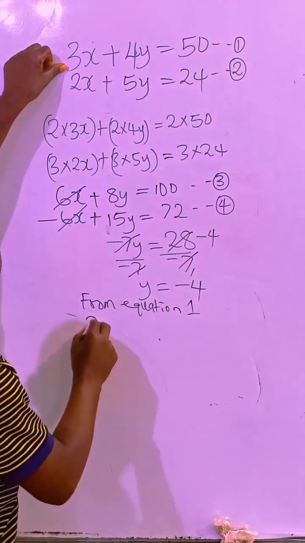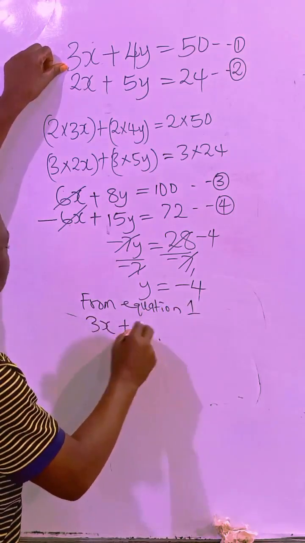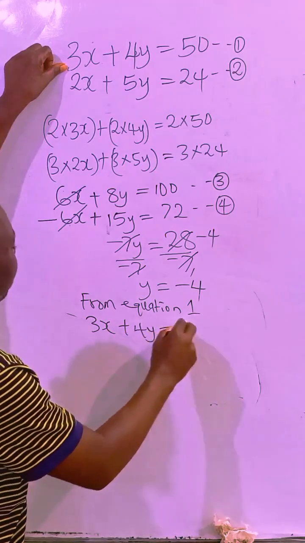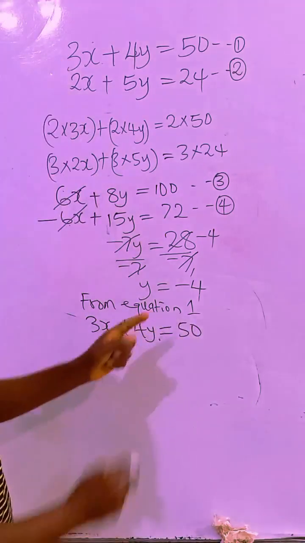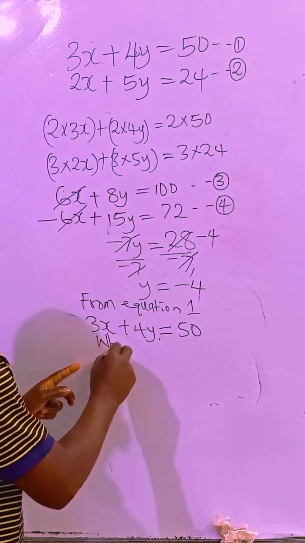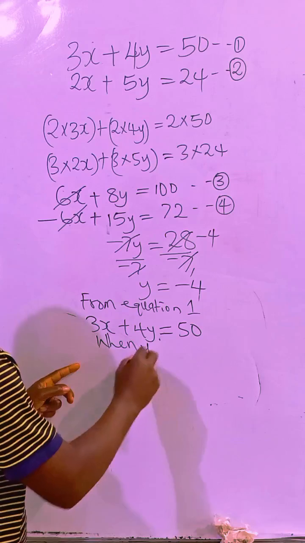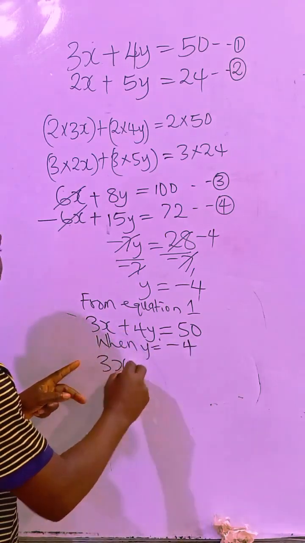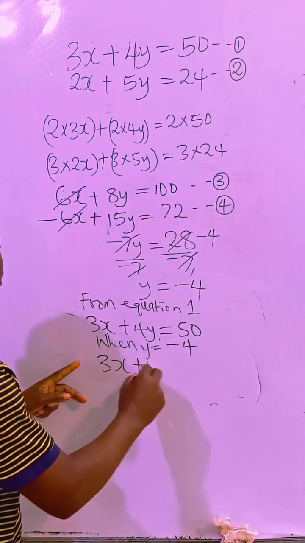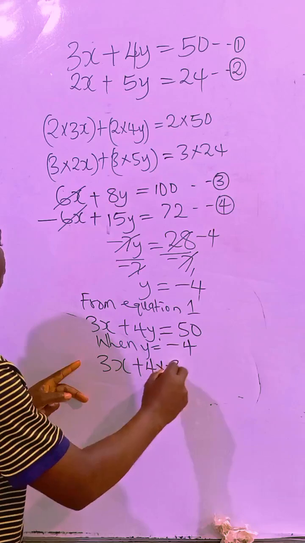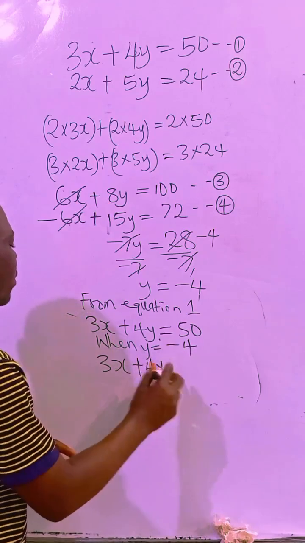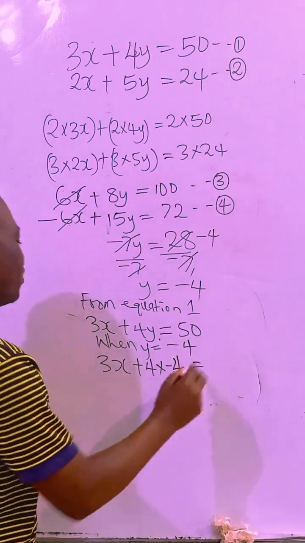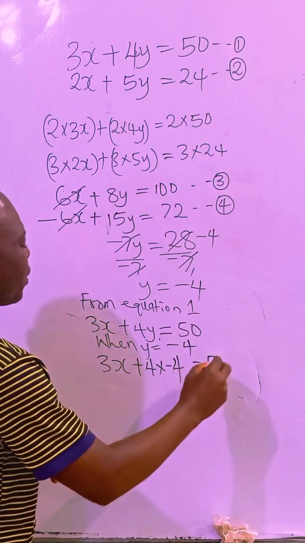Okay, so we have 3x plus 4y equal to 50. Then when y was negative 4, we're going to substitute. We have our 3x plus 4 times negative 4, because the value of y is negative 4, equal to 50.